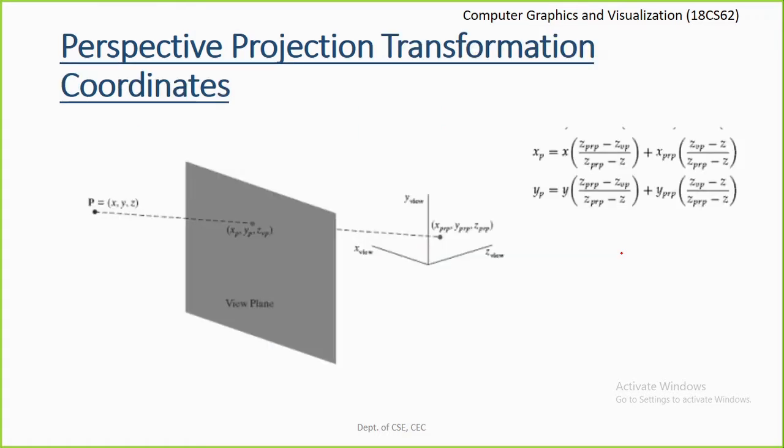Let us try to understand the coordinates for the perspective projection transformation. Let us say we want to project a point, a spatial position x, y, z, which is represented by a point P. The projection reference point is given as xPRP, yPRP, zPRP. PRP stands for projection reference point.